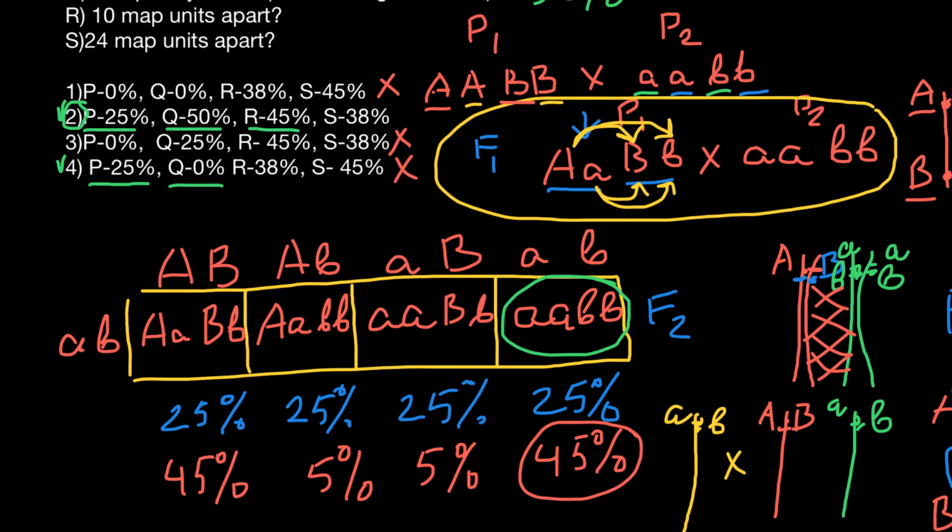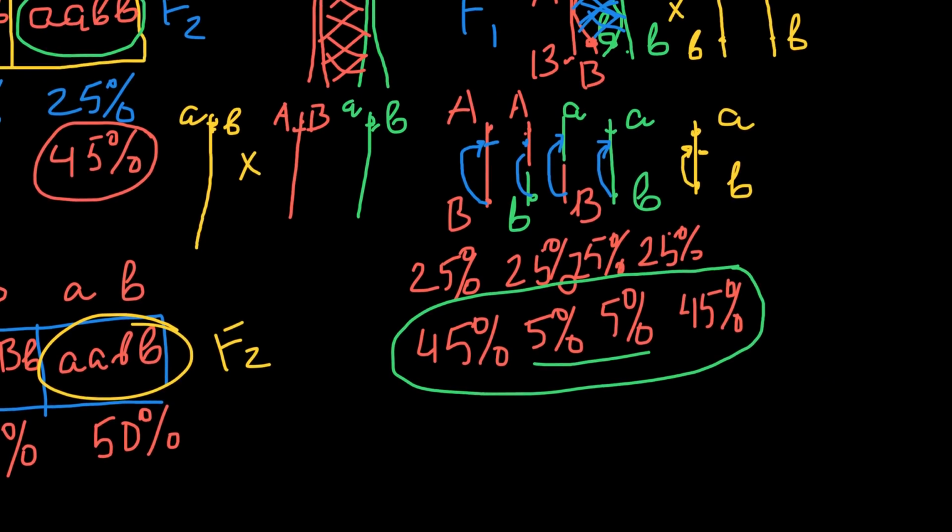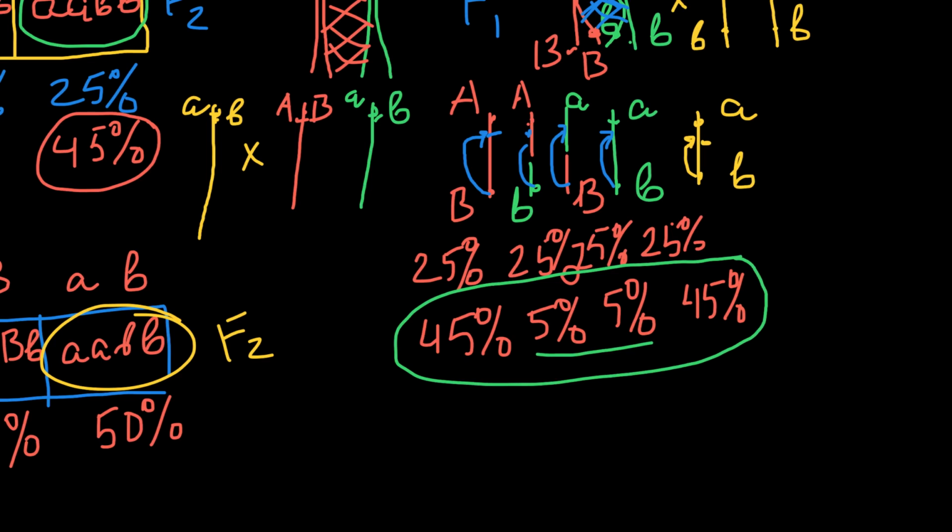The question S, as you see, gives us 24 map units apart between gene A and B. So if we have 24 map units, that means that the frequency of the recombinants would be 24%.